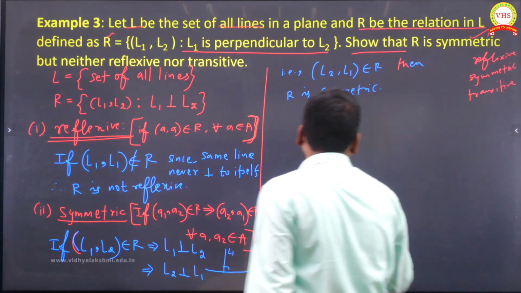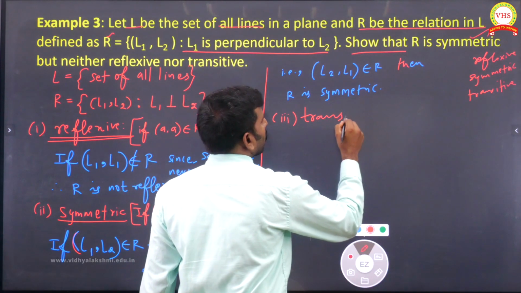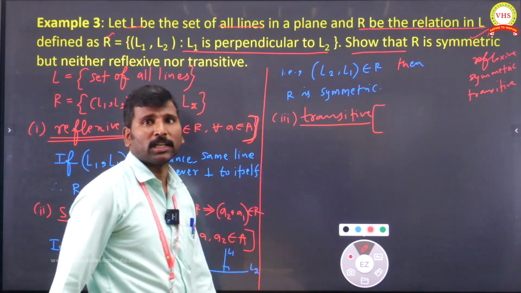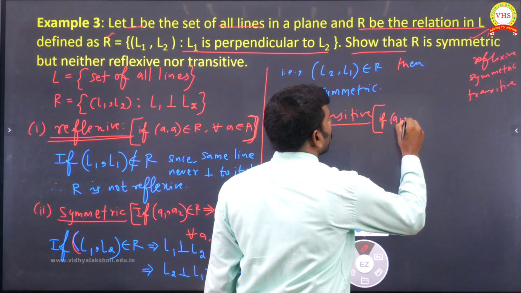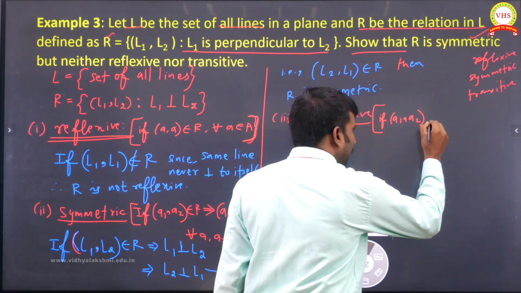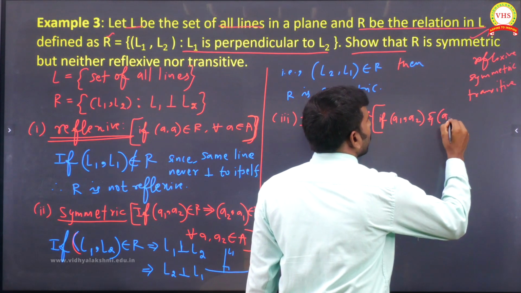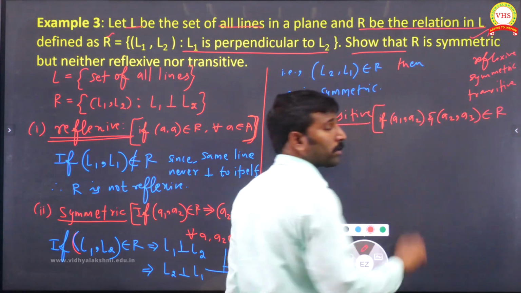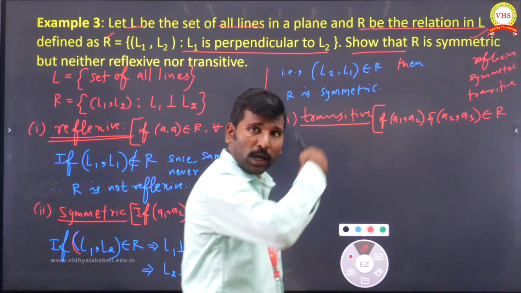Right. Third point, transitive will check. Transitive, first have you remembered? Transitive in the sense (A1, A2) and (A2, A3) should belong to R. These two things we have to assume first.